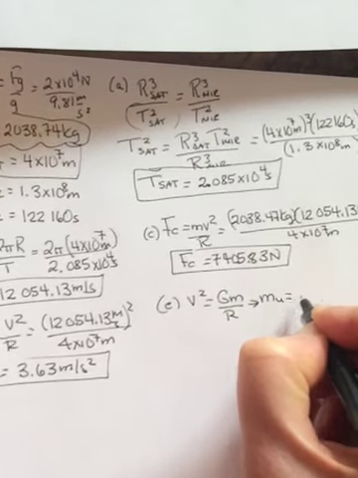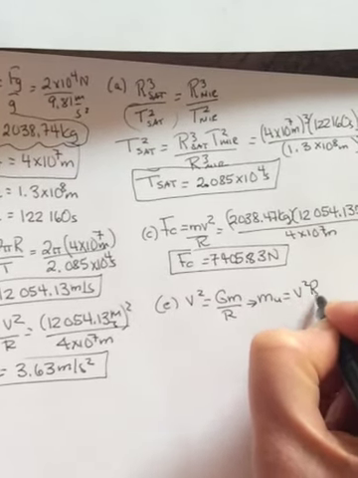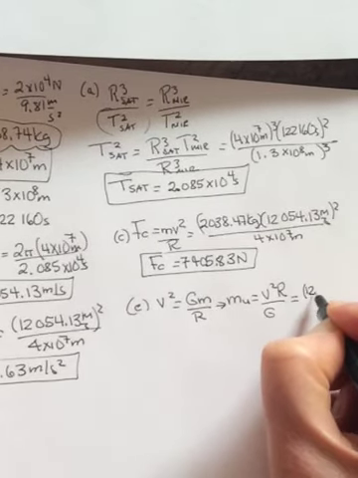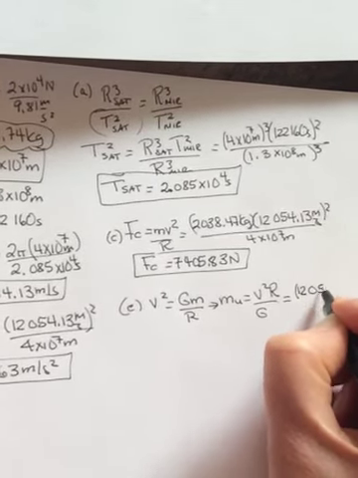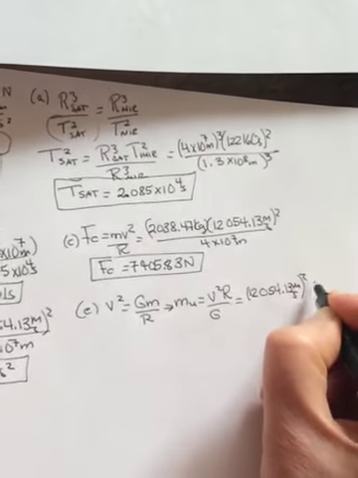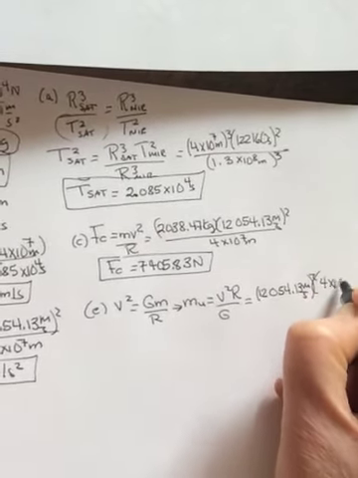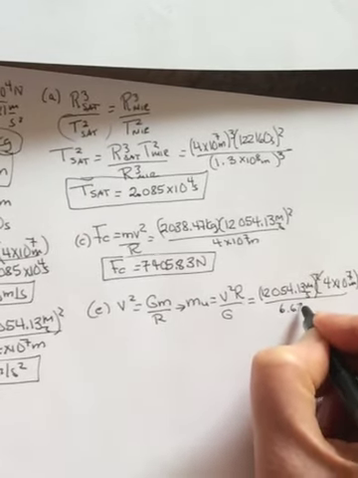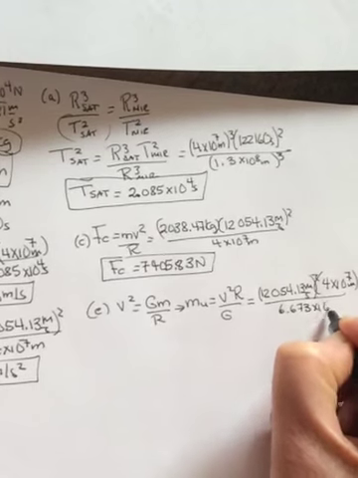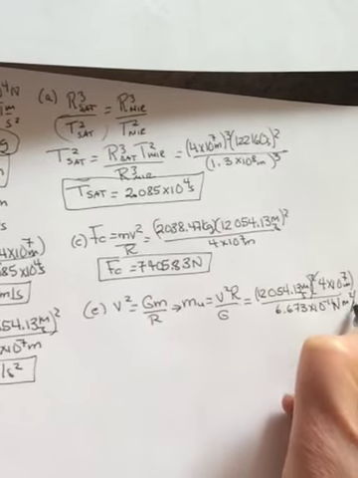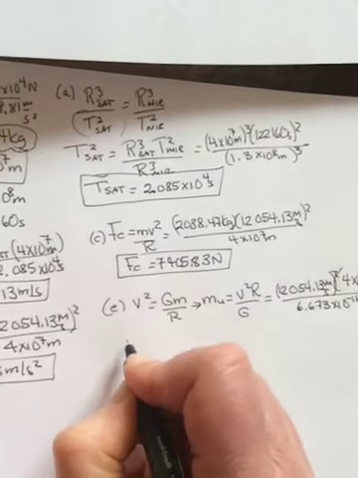So the mass of the central body will be equal to v squared r over G. So 12,054.13 meters per second squared, 4 times 10 to the 7th meters, over 6.673 times 10 to the negative 11 newton meters squared per kilogram squared.